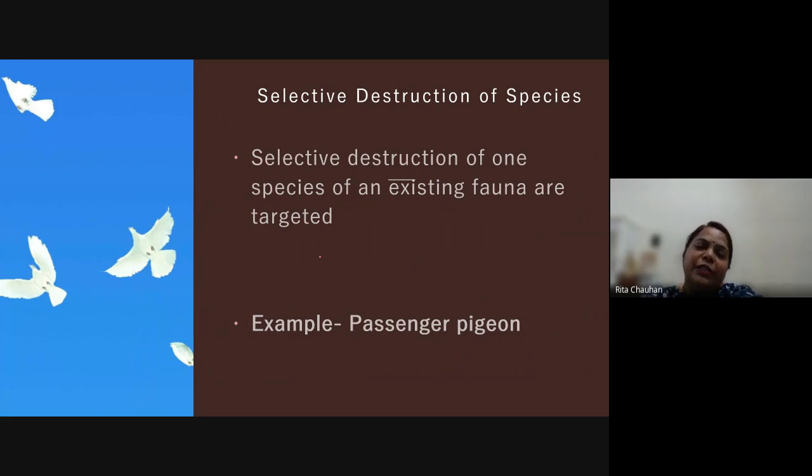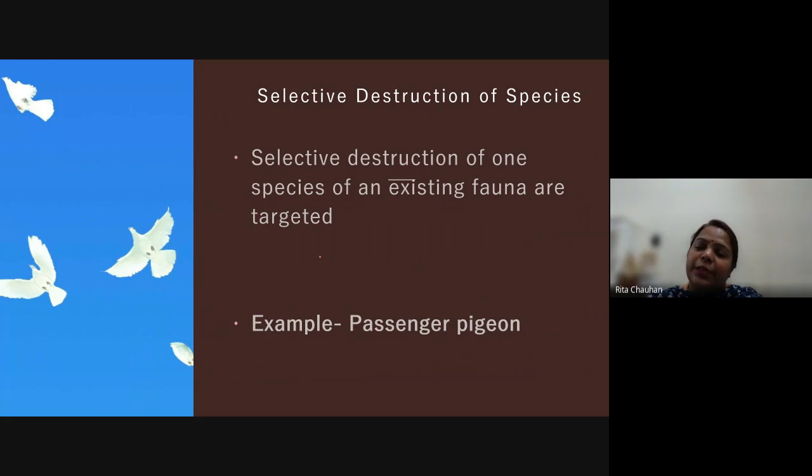So if someone had to communicate information to another country or another province, they used passenger pigeons. A small message would be written and tied to their foot, and then they were flown to the other area.